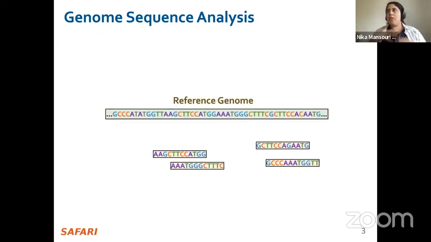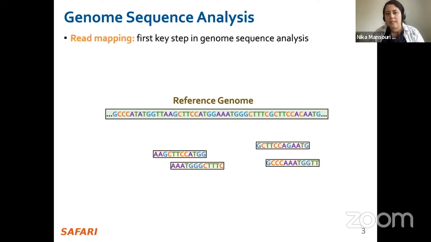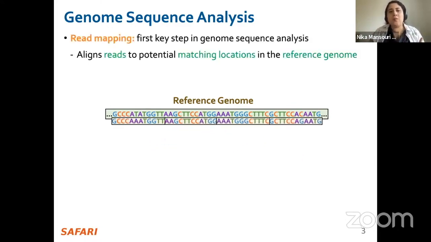So in order to have any analysis of the data that we have obtained, we need to perform an operation called read mapping, which is the first step in genome sequence analysis and aligns reads to potential matching locations within the reference genome. So if we have a patient or, let's say, other organisms, the data collected, and we want to gain some biological information out of it, we align these reads to a reference genome, which we know already.